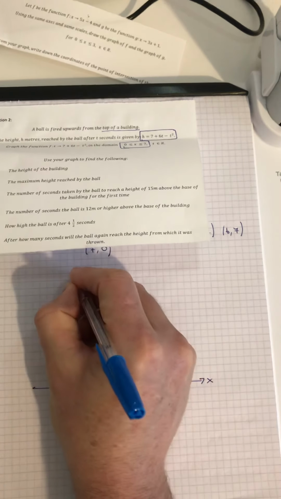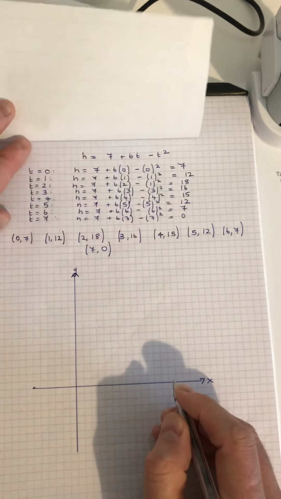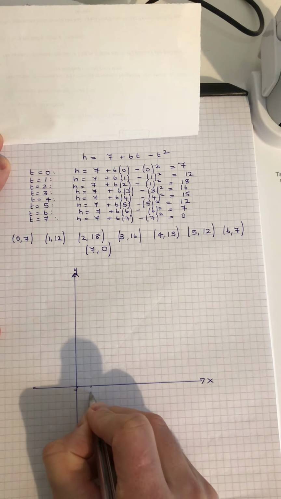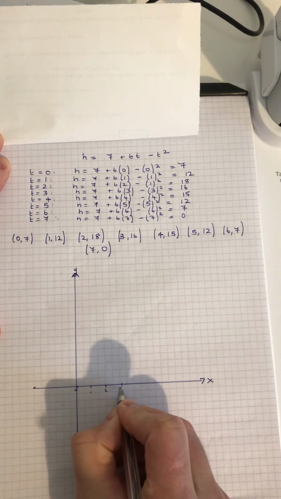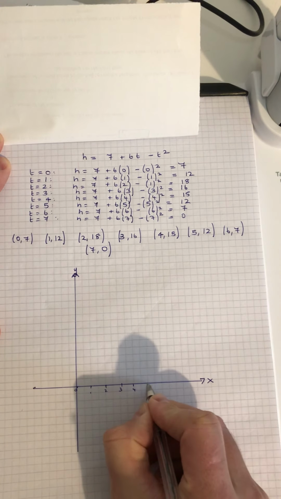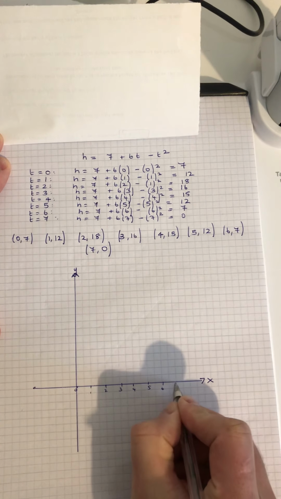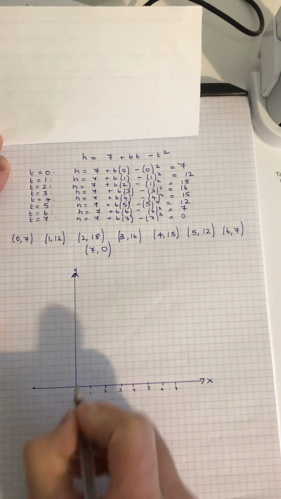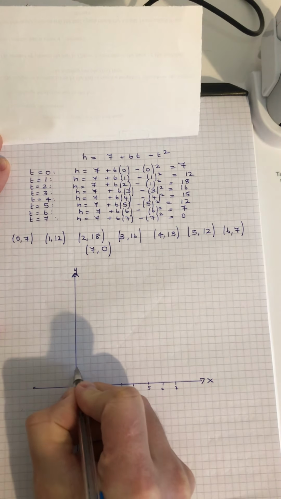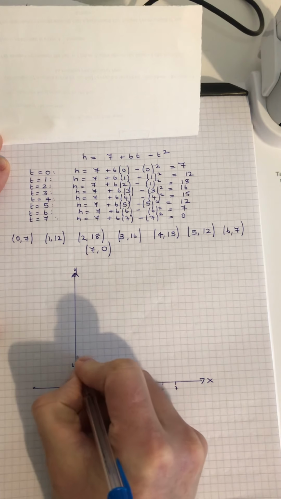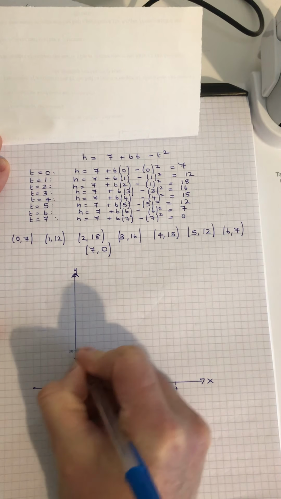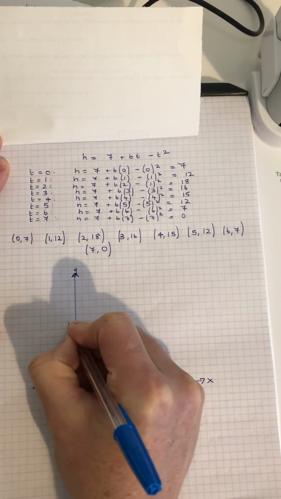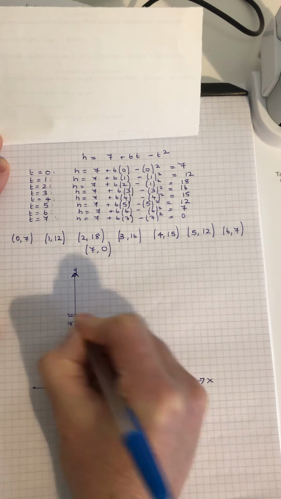There's our x-axis, my y-axis. 0 on the x, 1, 2, 3, 4, 5, 6, and 7. And we need to get up as far as 18. So 2, 4, 6, 8, 10, 12, 14, 16, 18, 20.